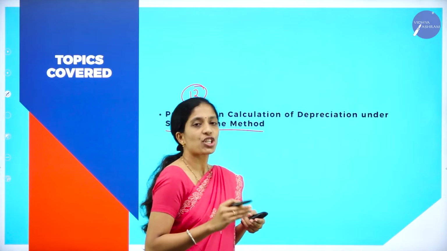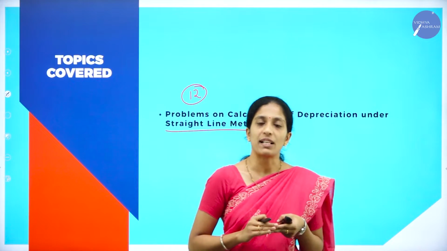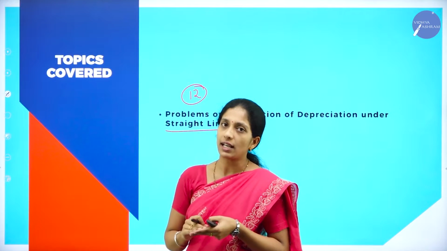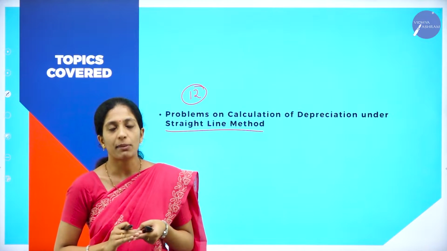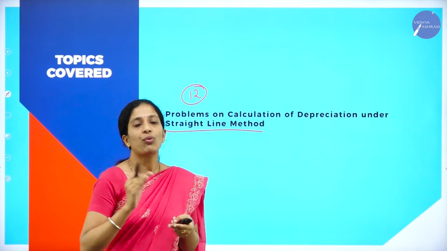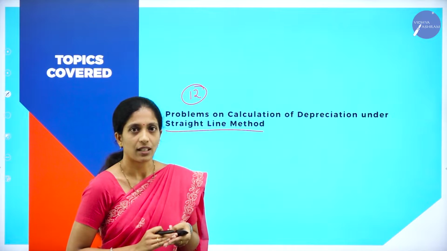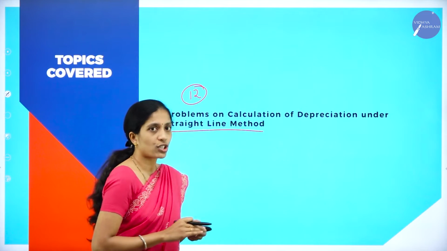In today's session we shall continue with one more type of method. I have already told you there are two important methods to calculate depreciation. One is straight line method, the other one is written down value method, or it is also called diminishing balance method. So we have already discussed straight line method.